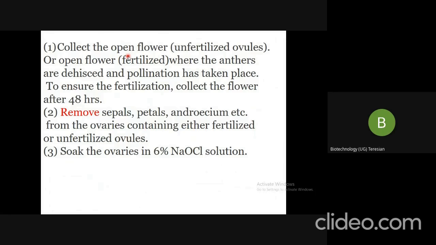To ensure that fertilization has occurred, collect 48 hours after you have removed your anther, so that you can be more sure that fertilization has occurred. So you can go for an open flower for unfertilized ovule, or otherwise go for a fertilized ovule.